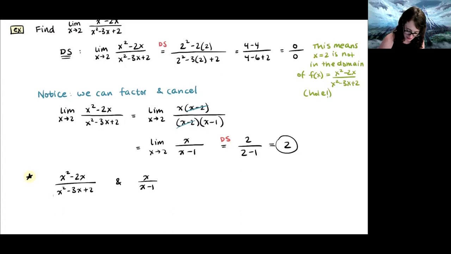Right here, this one has a hole at x equals 2. This one does not have a hole at x equals 2. That's the only difference though. And because we are only looking at x approaching 2, the limits are the same.